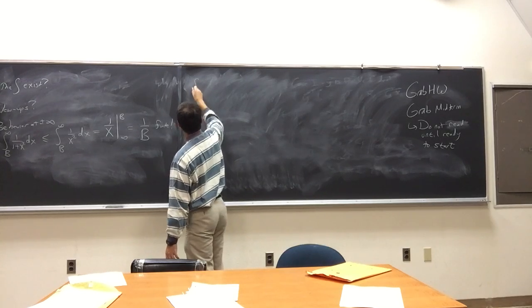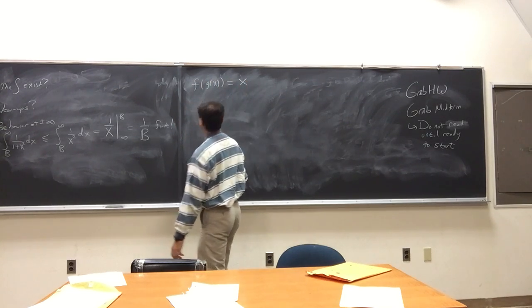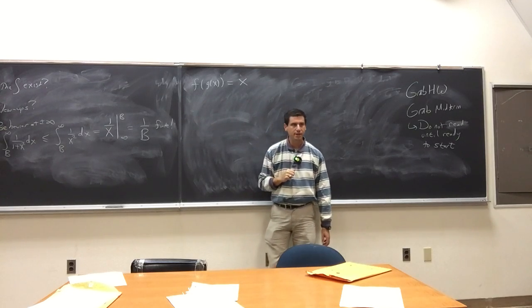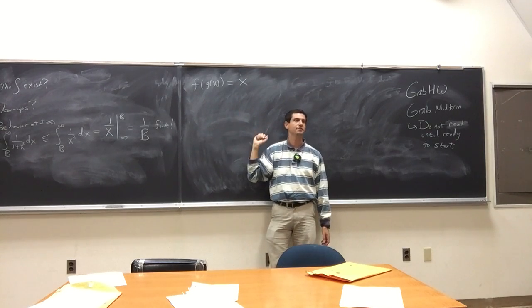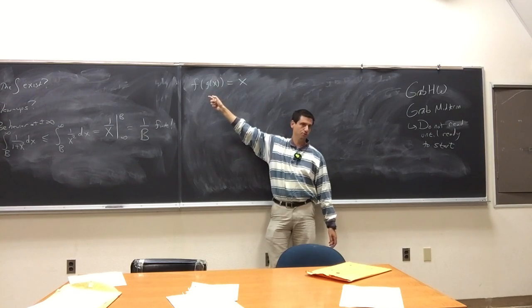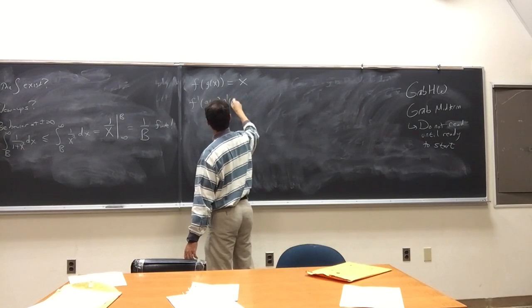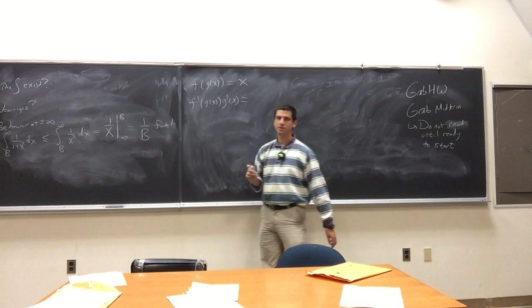So let's start off with f of g of x equals x. If we have a pair of functions like this, we say f and g are inverse functions. The derivative of both sides is fairly easy. One side is the chain rule. So by the chain rule, we would get f prime at g of x times g prime of x. And what's the derivative of x?